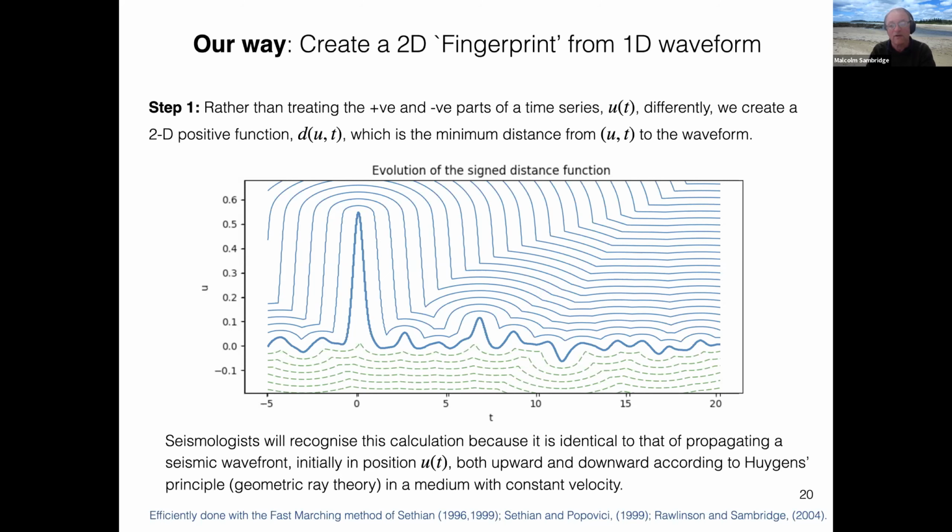The blue contours are on the positive side, the green contours on the negative side. So by making a distance function across the plane, I've now turned my waveform into a 2D function, which is zero along the waveform because the distance is nought. And as you move away, it gets larger and larger. Yeah? So the amplitude goes up away from the waveform and goes to zero on the waveform.